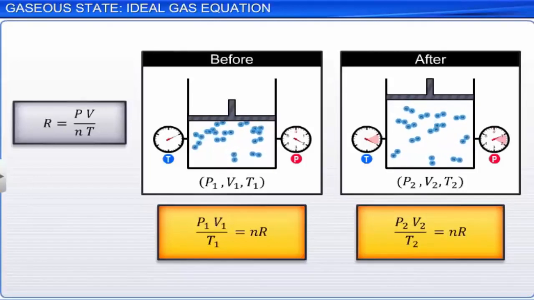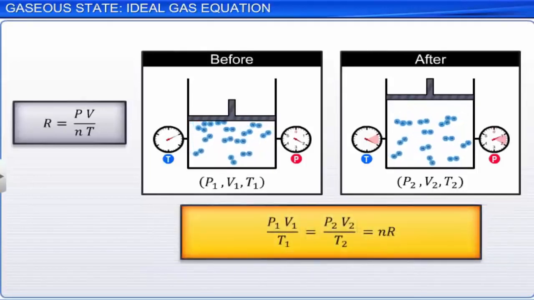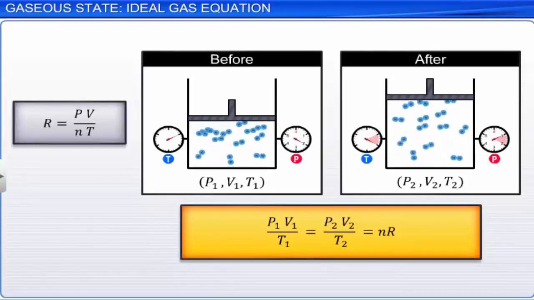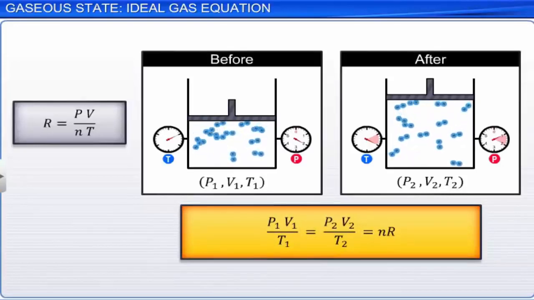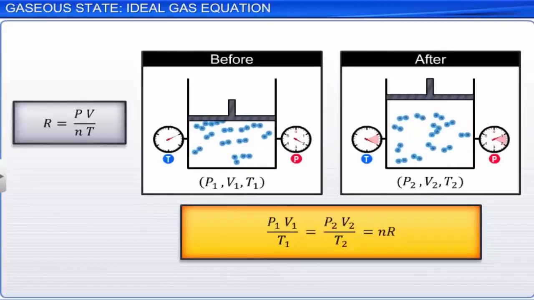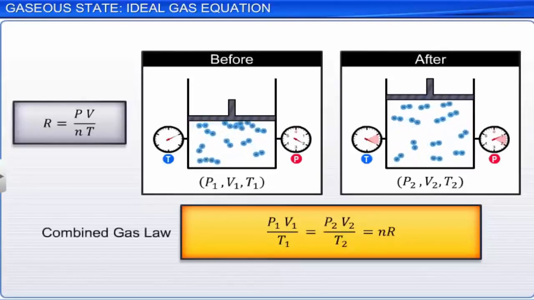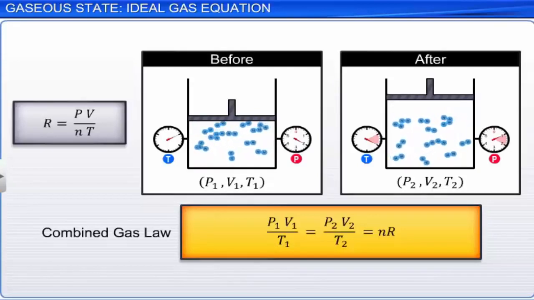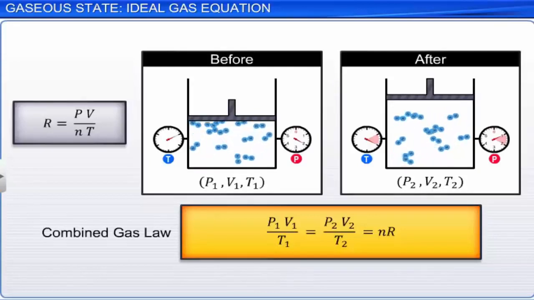This equation is known as the combined gas law and is useful in calculating any of the variables if the other 5 variables are known. So far, we have identified the relationship between volume and the other interrelated properties using the ideal gas equation.